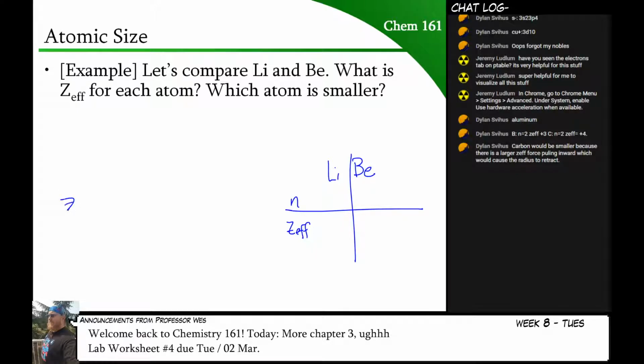In fact, you probably should at this point. That shouldn't take you more than a minute to fill out the chart. So, tell me what n is for each of these atoms, and then tell me what ZEffective is. And then choose which atom is smaller based on the quantum mechanics that we've discussed. Okay? Type your answer in the chat when you're ready.